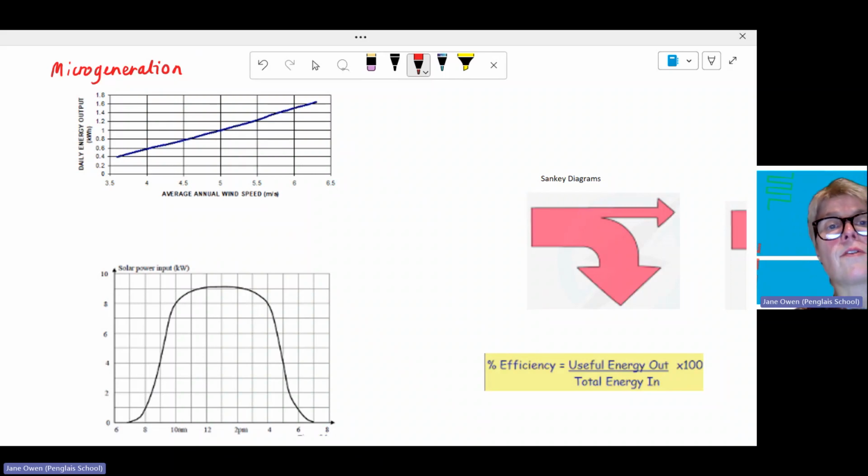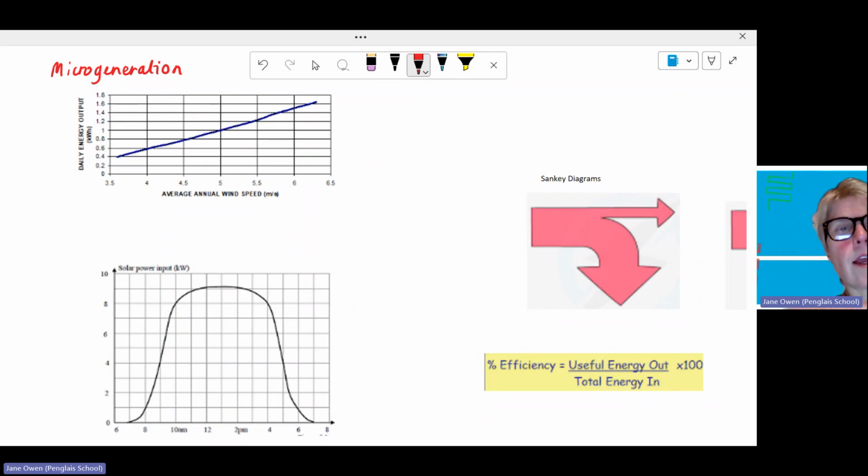All of these things can contribute to the individual house's electricity and reduce your bills. This is called microgeneration because all of that electricity is generated on a small scale and can be fed back into the national grid if you're not using it as a householder, and contribute to the national grid so that other people can draw upon it.